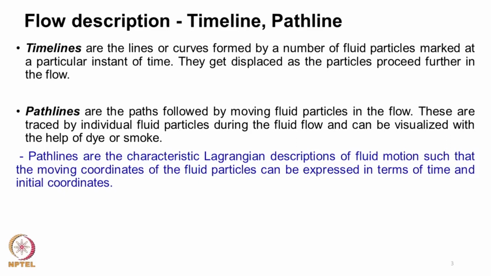So path lines are characteristic of the Lagrangian description of the fluid motion, such that the coordinates of the fluid particles can be expressed in terms of time as well as initial coordinates.